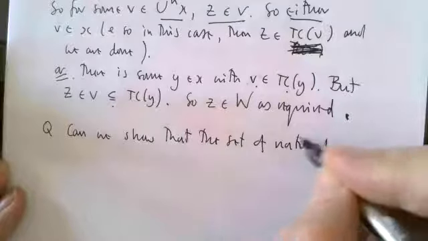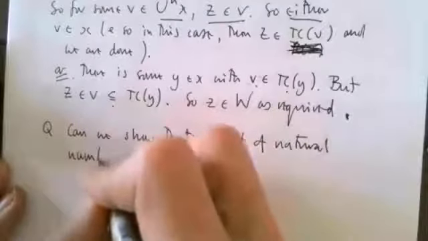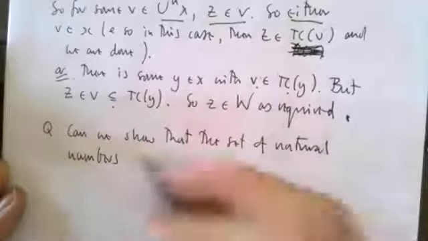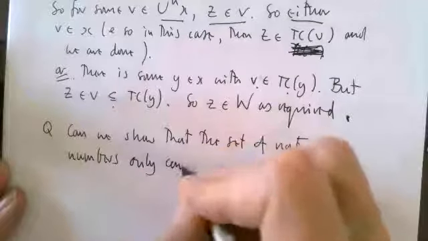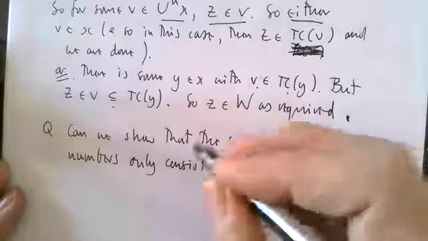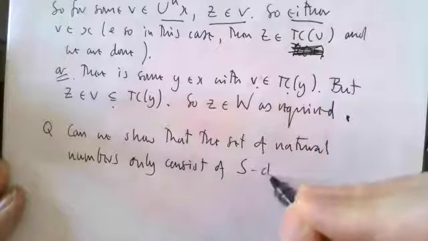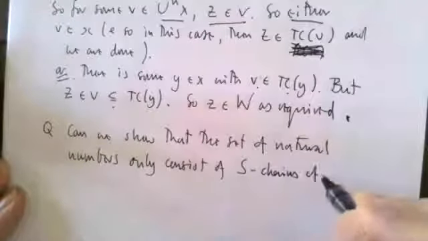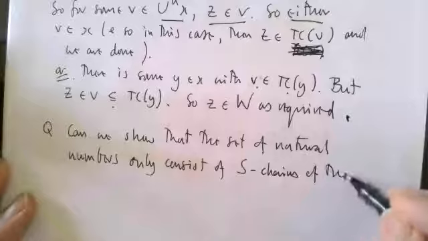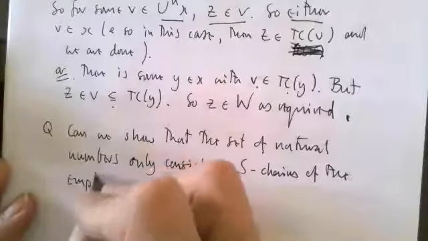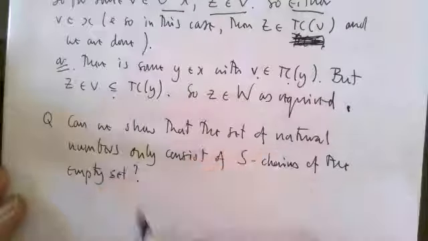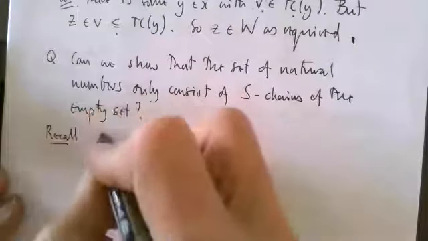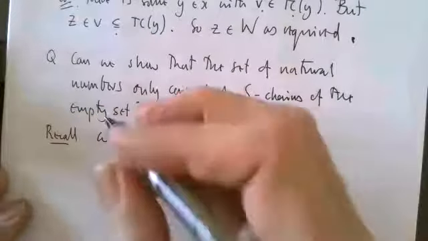So recall that the set of natural numbers is the intersection of all inductive sets, of successor operation chains of the empty set. That's certainly the guiding intuition as to what the set of natural numbers is. So recall omega, this is the set of natural numbers.